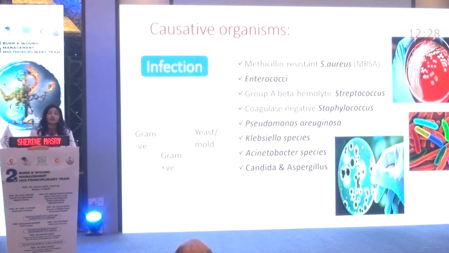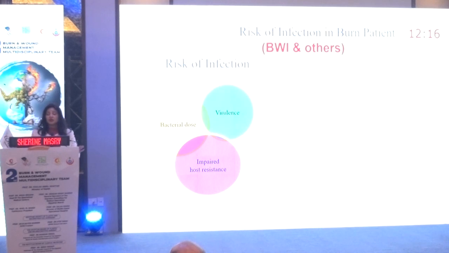Also, we have fungal infection. Candida comes from moisture, and aspergillus and other molds that come from air and environmental contaminants, which is very frequently monitored in the ICUs and the burn patient.